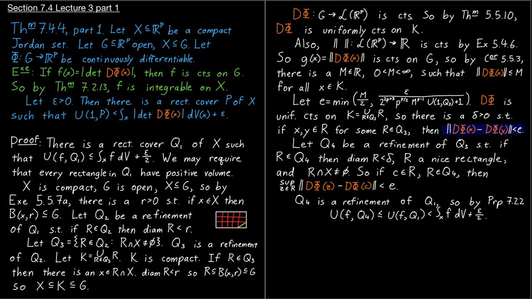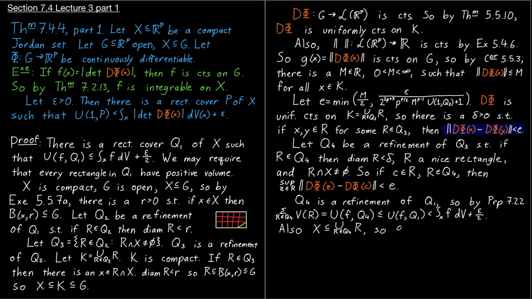And because every rectangle in Q4 intersects X, we can notice that this upper sum is in fact the sum over the rectangles in Q4 of the volume of R. Also notice we have that Q4 is a cover, so X is contained in the union of the rectangles in Q4.